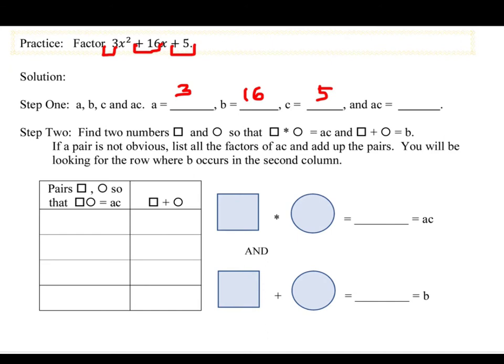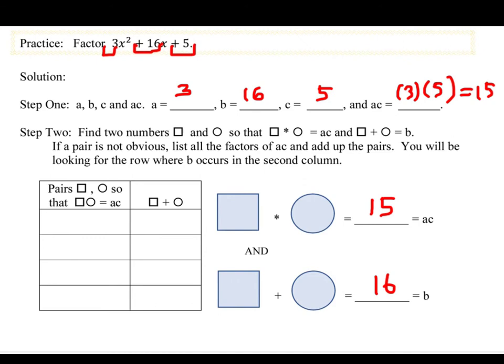And then AC is going to be 3 times 5, so AC is 15. So AC is 15, and B was 16. So I'm looking for a pair of numbers that multiplies to 15, and that same pair of numbers adds to 16. So I'm going to make an exhaustive list.